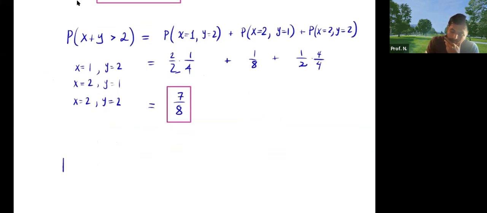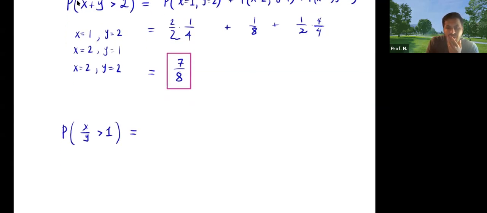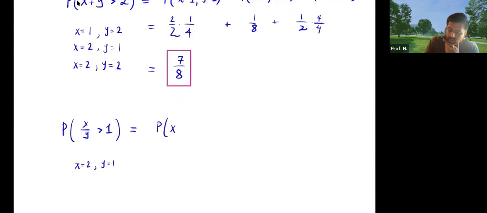Okay, and the last one, the probability that x over y is greater than 1. Well, that can only happen when x equals 2 and y equals 1. That's it. There's no other way, right? So this is equivalent to saying the probability that x equals 2, y equals 1, or in other words, what's p2 of 1?